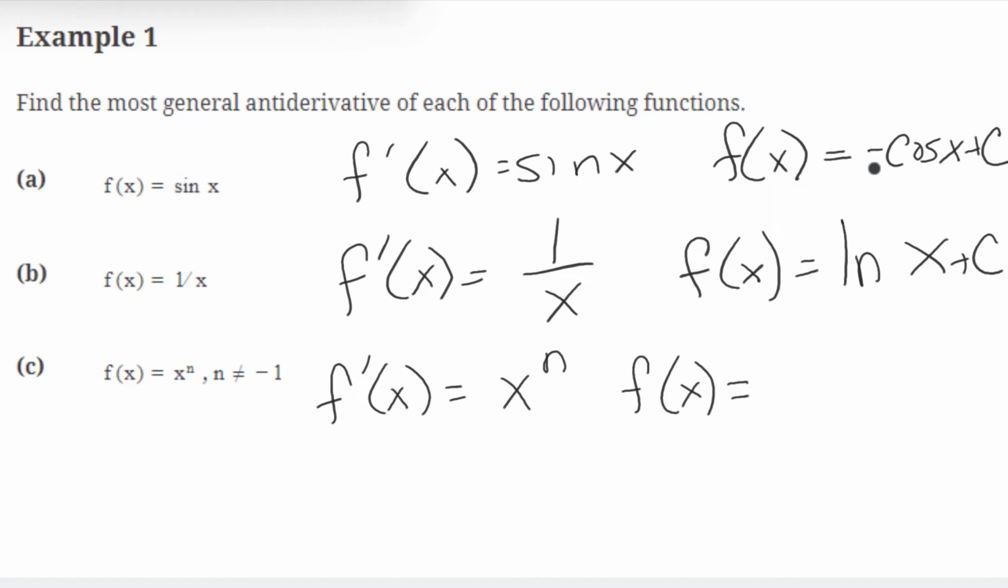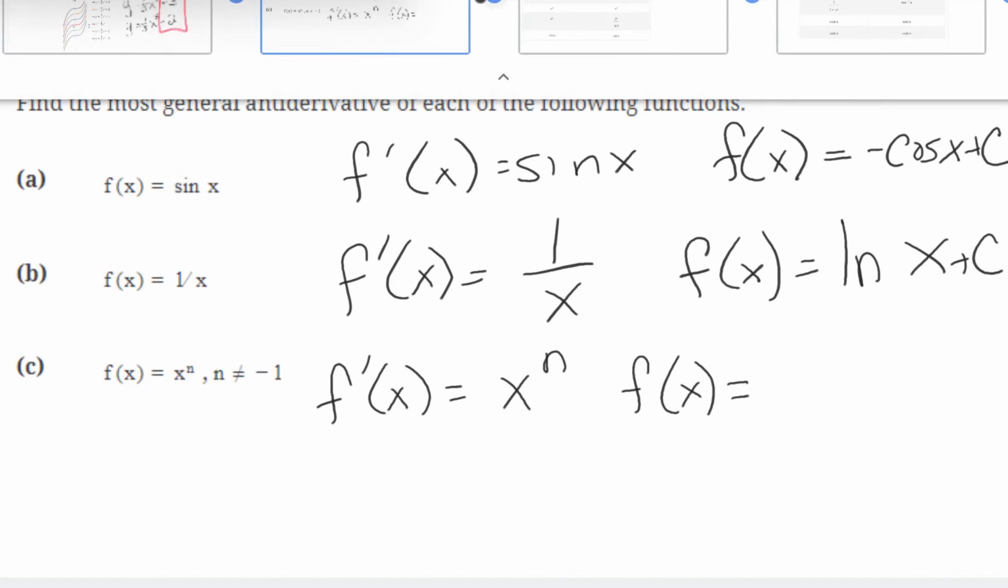So what about this one? Almost. So let's look at a problem. You're almost there.